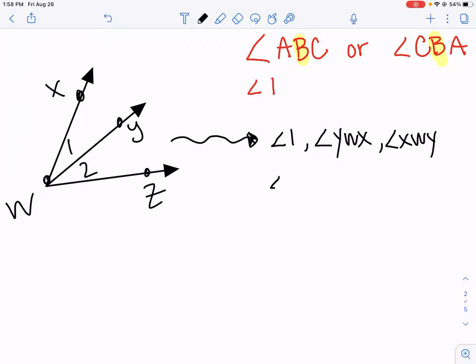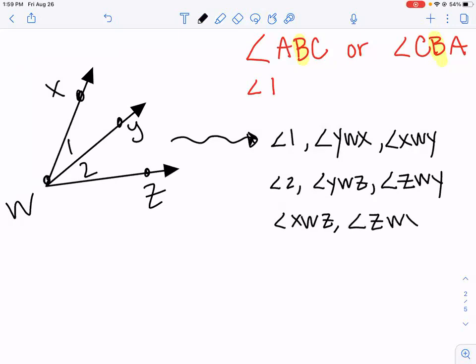Now we also have angle 2 right here, which we could name as angle YWZ or angle ZWY. And there's a third angle, angle XWZ or angle ZWX.